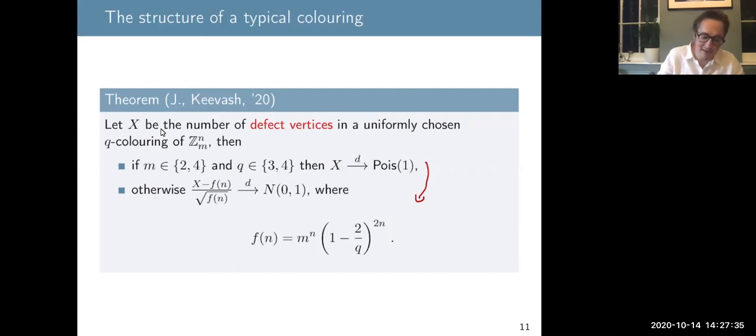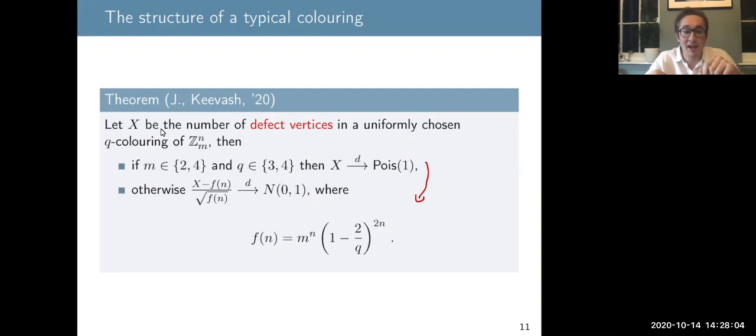If we fix, for example, M equals 2 in the hypercube, then for 3 and 4 colorings, we only expect a constant number of defect vertices. So 4 colorings of the hypercube are extremely rigid. They really are just an idealized A-B coloring, 2 colors on the left, 2 colors on the right, and then some constant number of deviations.